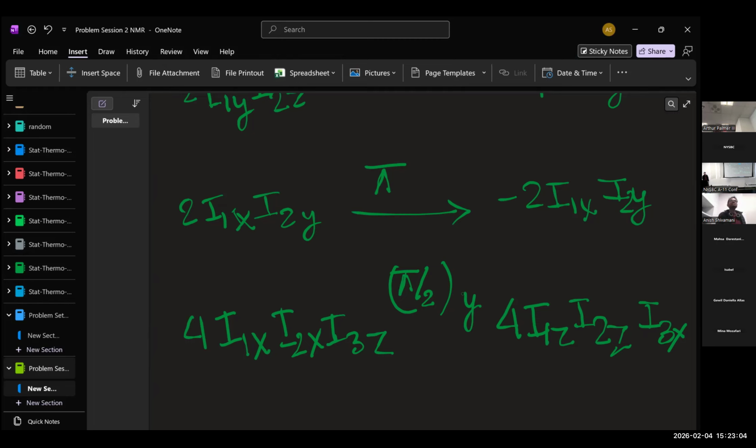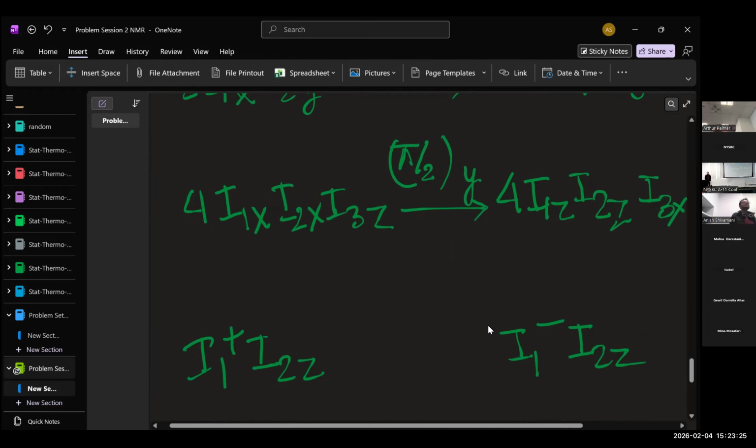So it's a pi/2 Y pulse, whereas minus Y is going to introduce a minus sign you don't want. Only one phase works, because this is a three-spin operator and a two-spin operator.